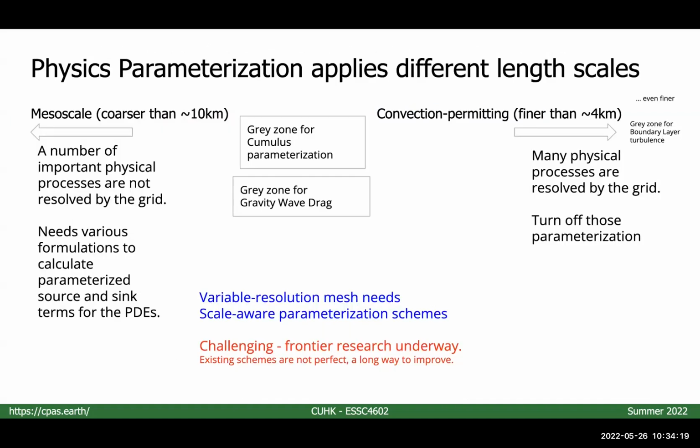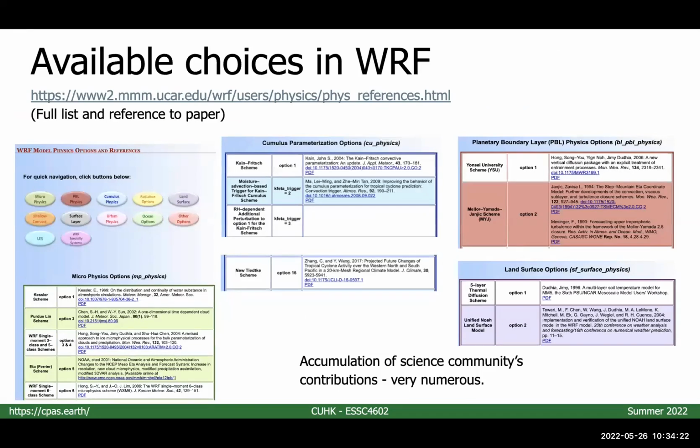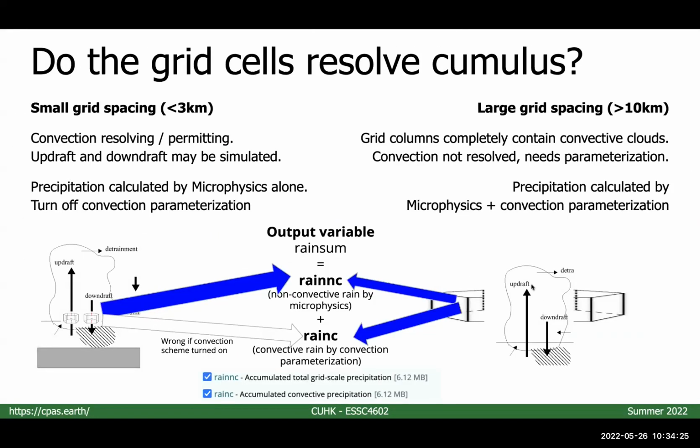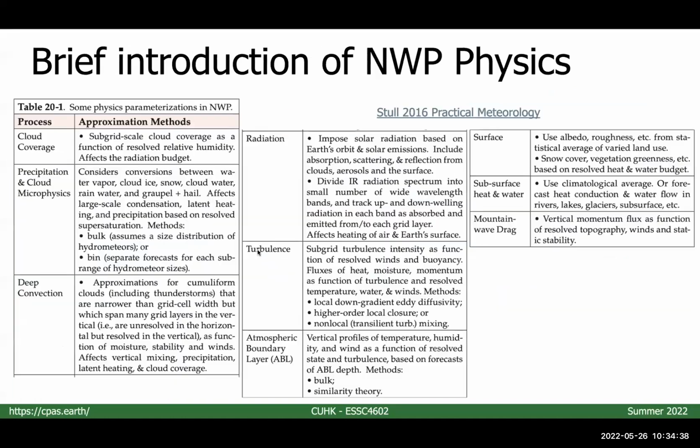If the cell is large and the horizontal grid spacing is very often longer than the typical size of clouds, then we should consider putting cloud coverage as a percentage of area that's covered, where cloud is present and covers the cell, and let it be handled by some parameterization scheme.